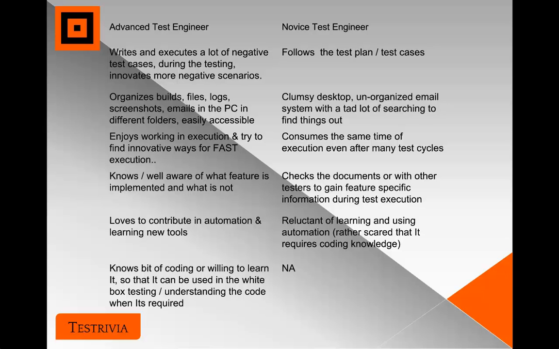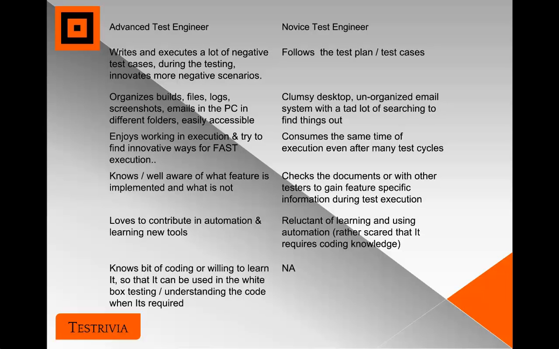An advanced tester is well aware of what feature is implemented and what is not. So if there are 100 features getting implemented, you should know or maintain a log by yourself of what is implemented at that build, at that version, and what is not implemented at that version. You shouldn't really raise a defect that is not implemented yet.